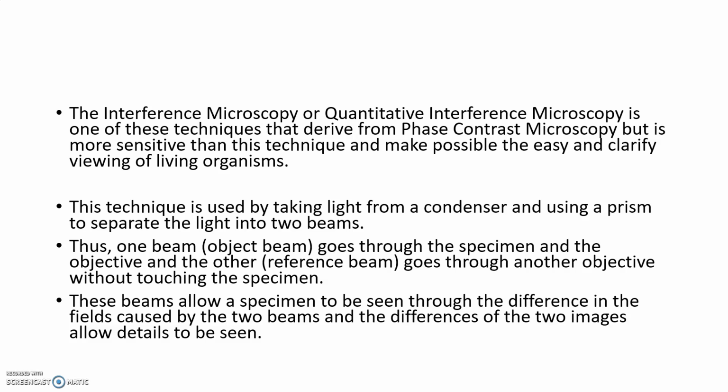These two beams allow a specimen to be seen through the difference in the fields caused by the two beams, and also the difference of the two images formed by these beams, allowing the details to be seen.